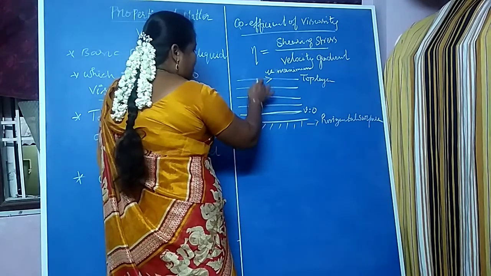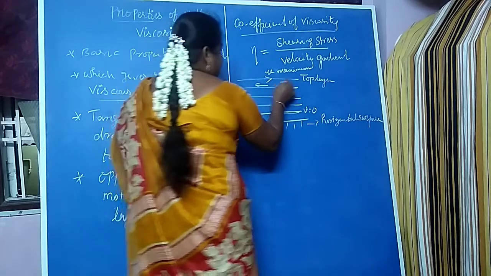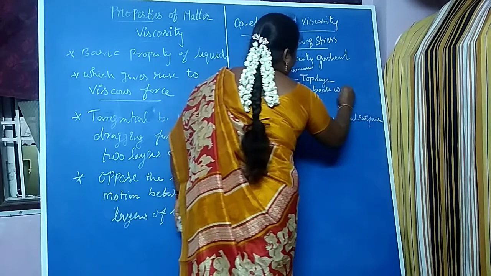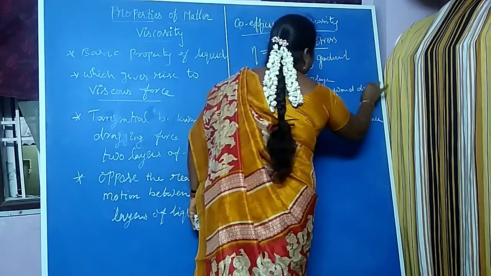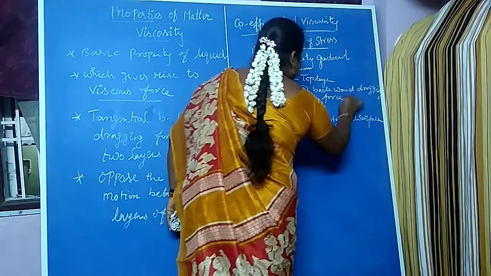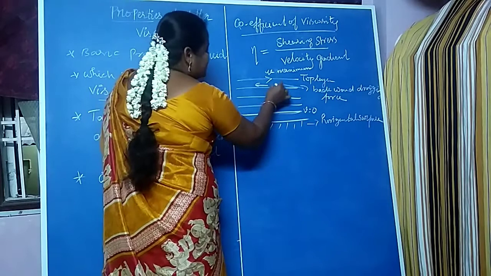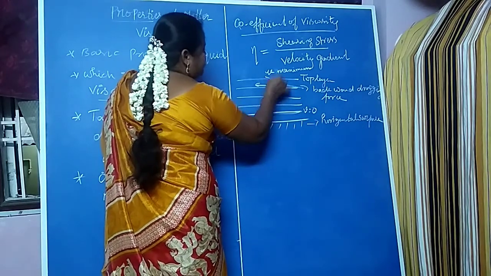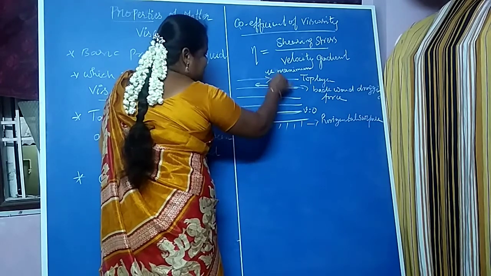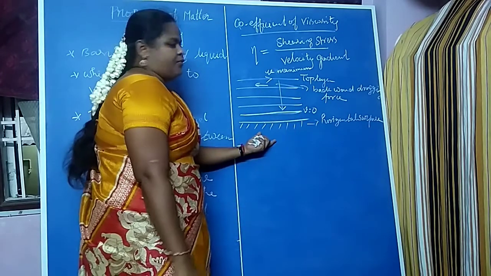Because between the two layers, a backward dragging force acts, so that the velocity of the lower layer is reduced by the top layer. Simultaneously, the velocity goes on decreasing towards the horizontal surface.